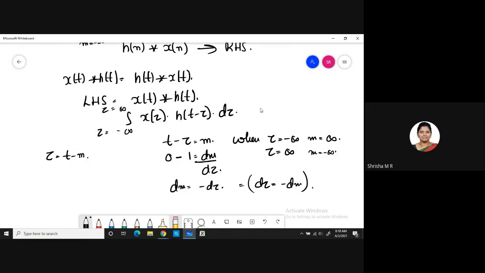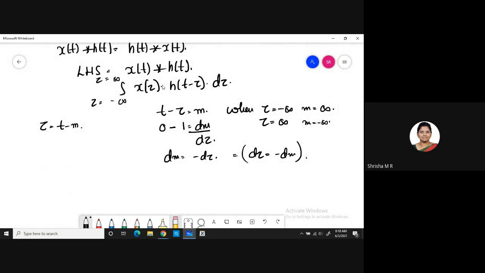Now we'll try to replace the terms in this equation. We have taken t minus tau equal to some new variable m. So we have integration limits for m now, which is m is equal to infinity to m is equal to minus infinity.